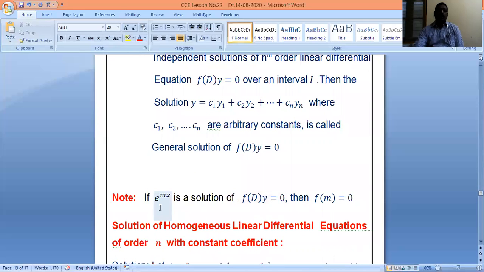Now, if e power mx is a solution of f of D into y is equal to 0, then f of m is equal to 0.